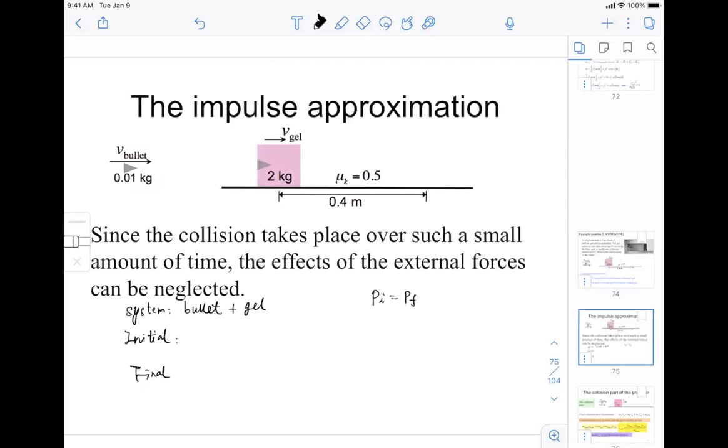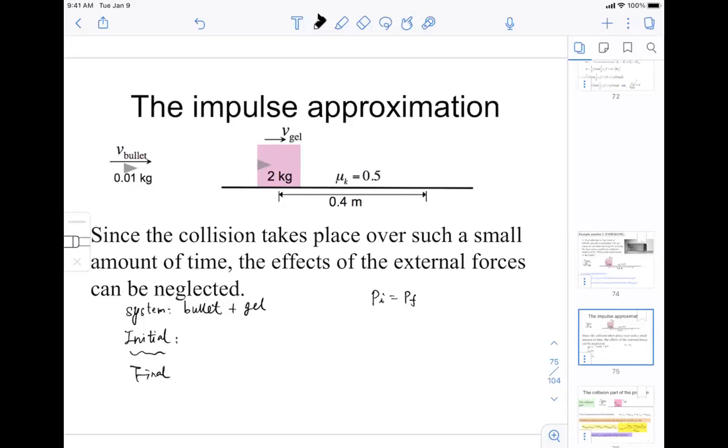All right, so I'm choosing my system to be the bullet plus gel. And I wish to use conservation of momentum to look at the collision process. Then I need to equate momentum initial to momentum final. So can anybody tell us, what do we define to be the initial moment?